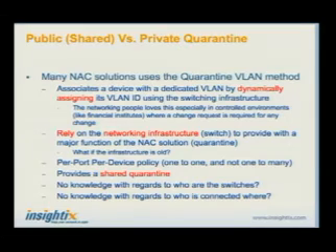Also, this means that you need to provide a major function using the networking infrastructure. You need to rely on the networking infrastructure in order to provide this type of feature. But what if this infrastructure is old? Or what if this infrastructure cannot provide you with this? A lot of organizations, small and medium, take what they had in the core when they replace it and push it to the access.